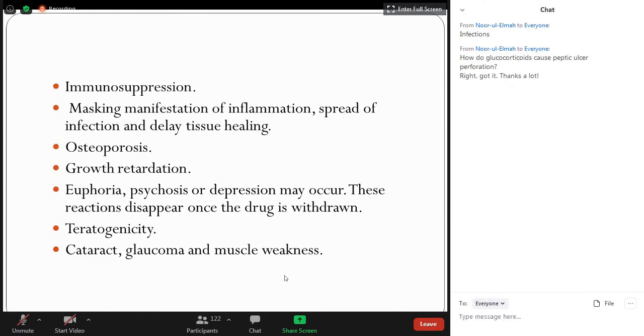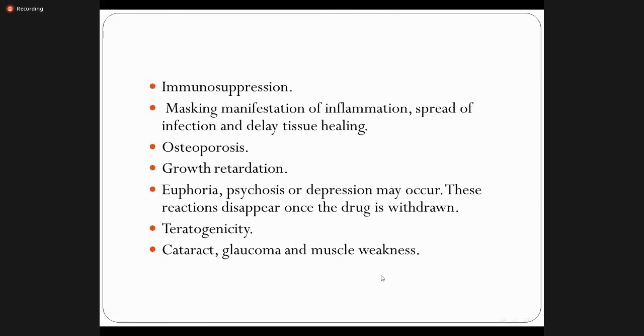But due to immunosuppression, what can occur? There is an increased chance of opportunistic infection, right? So in that context, this immunosuppressive activity is harmful. Okay, masking manifestation of inflammation, spread of infection, and delayed tissue healing, right?